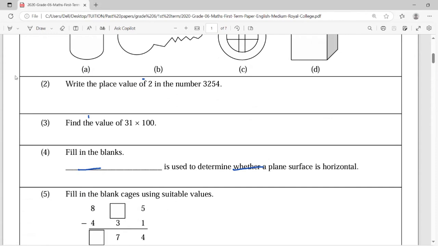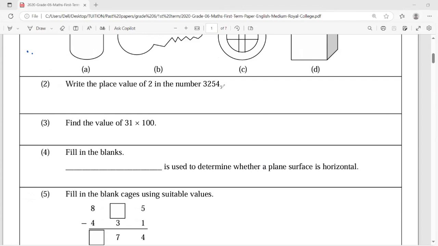In this one, find the value of 31 into 100. Oh, no, I think it is the third question, right? Let's go to the second one. Write the place value of 2 in the number 3254.